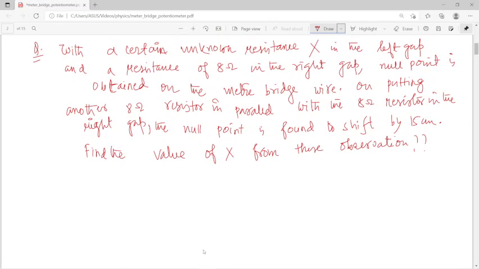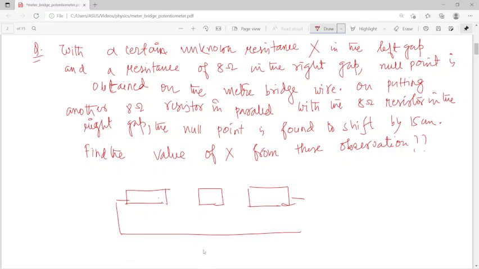That means if this is the corresponding meter bridge, it is connected to a galvanometer, and that is connected to the jockey.